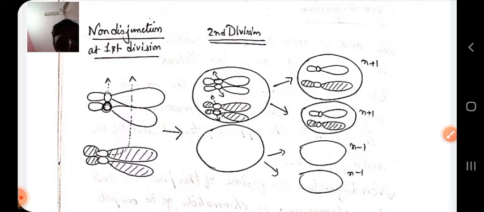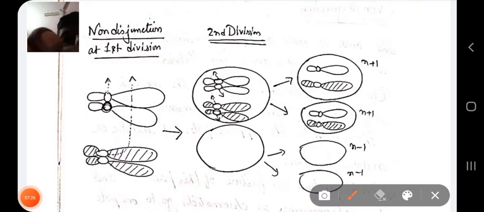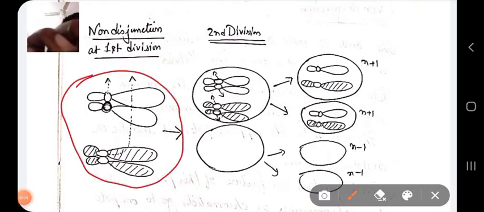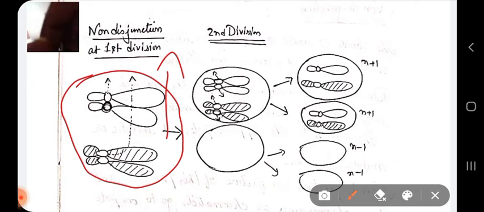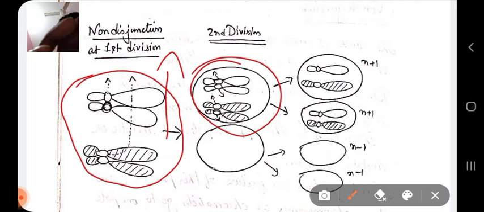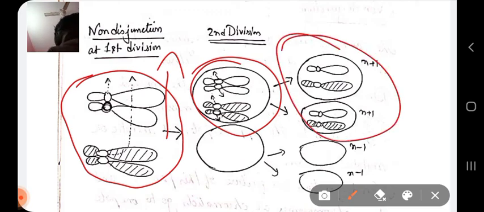This is the non-disjunction at first division, where you can see the whole chromosomes are migrating to one pole only due to failure of the microtubule association, and that's why in the second meiotic division, when they form the gametes, one gets an extra chromosome while the other gamete is not getting that chromosome, so it leads to n minus 1.